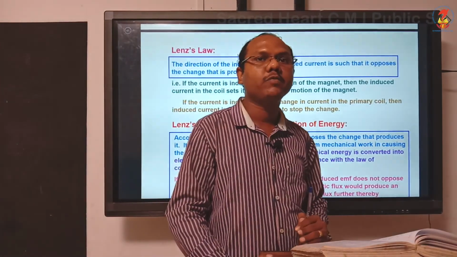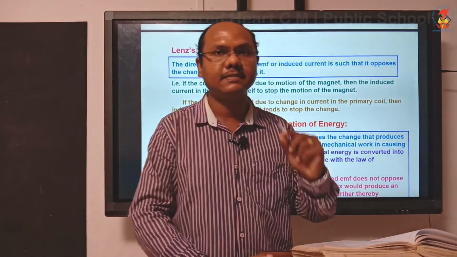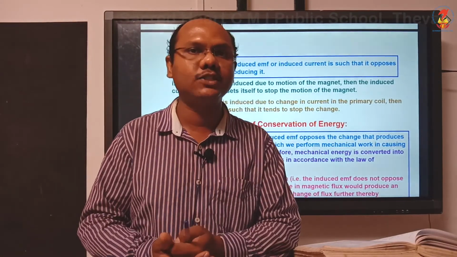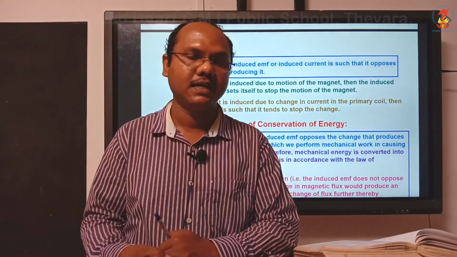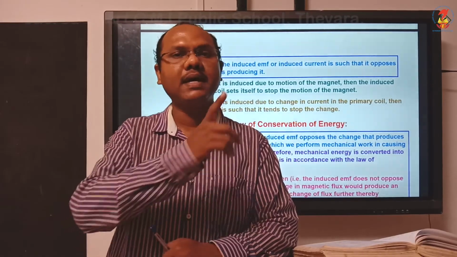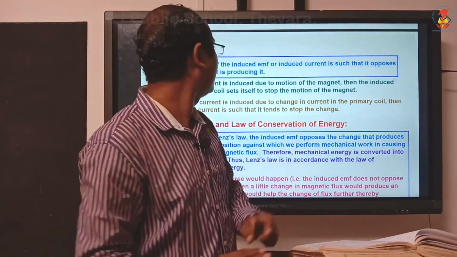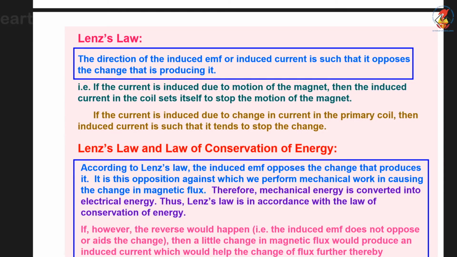Michael Faraday does not say the direction of the induced current, and the direction was set by another scientist named Lenz. According to Lenz's rule, the direction of the induced EMF or induced current is such that it opposes the change that produces it.